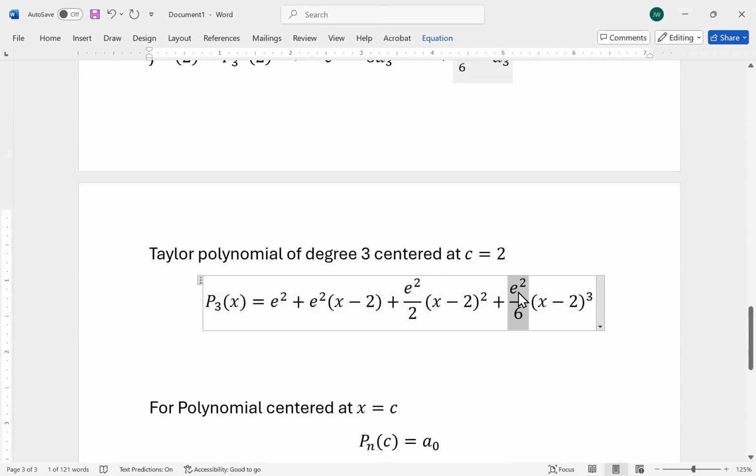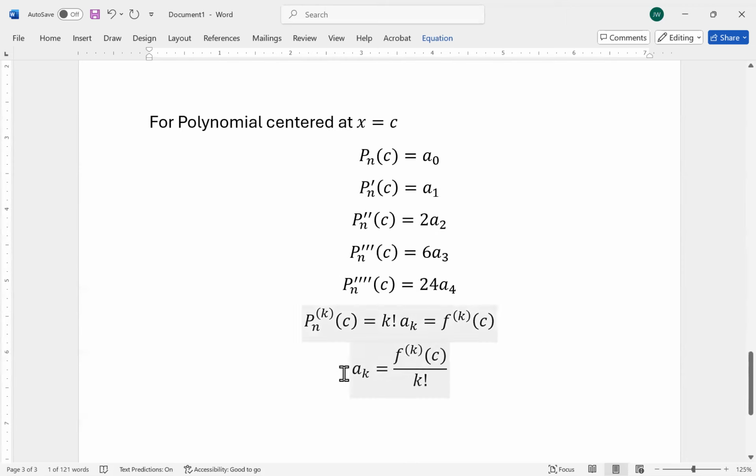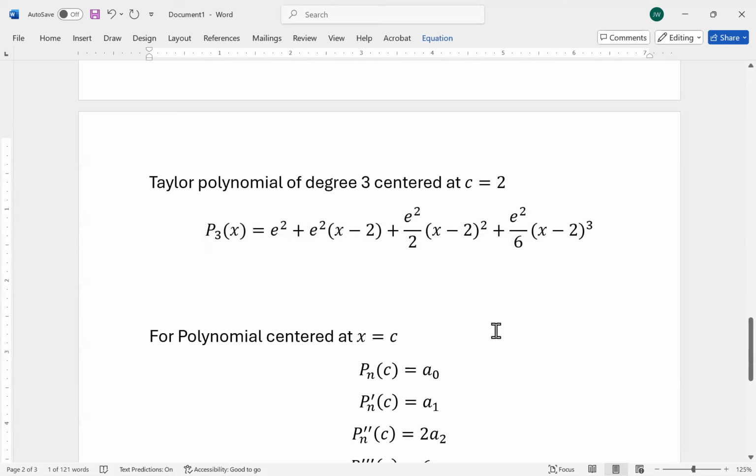With e squared, we were plugging in 2 into the third derivative of my function, divided by 3 factorial, which was 6. So these coefficients give me everything that I want, and now I can just find the derivatives that I need and then write my polynomial out fairly efficiently.